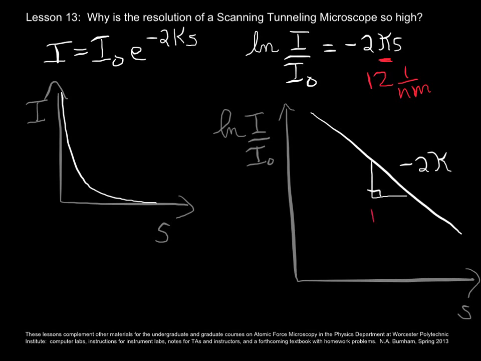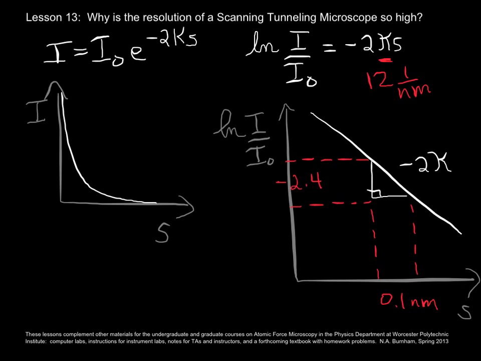So if you consider a change in separation of 1/10 of a nanometer, 1 angstrom, and use your knowledge of the slope, what kind of change in the ratio of the currents do you get? Well, it's 1/10 of a nanometer times twice 12, so that is 2.4, minus 2.4.